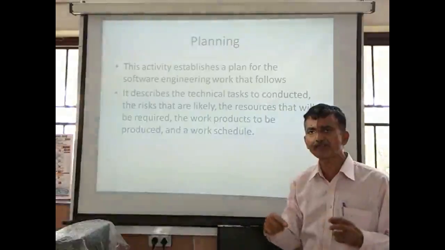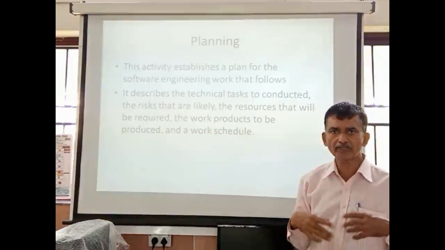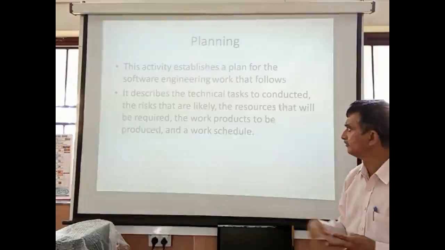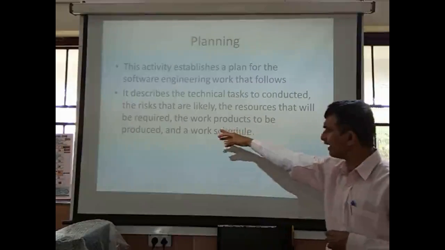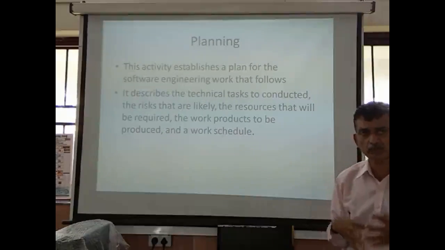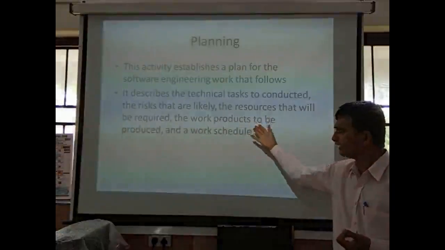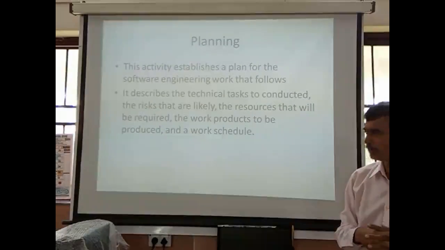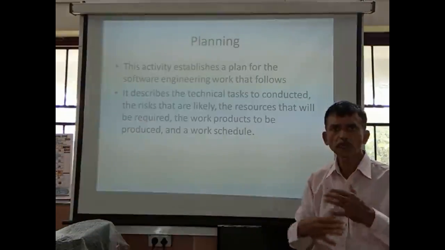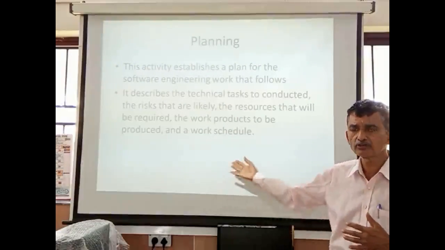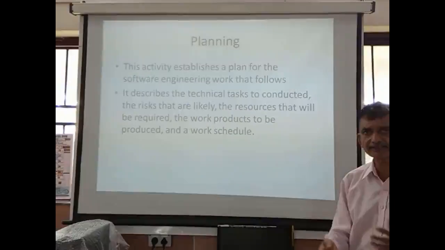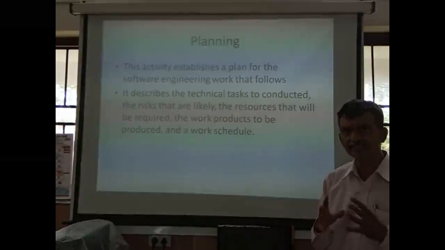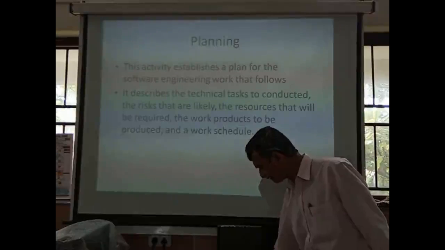So it clearly identifies the tasks to be carried out and what the risk factors are. That is the resources that will be required. With this we can understand what resources are required, what work products will be produced, and what work schedule you have to follow to get the required tasks done. So after communication, planning is the second activity and it is also an important activity.